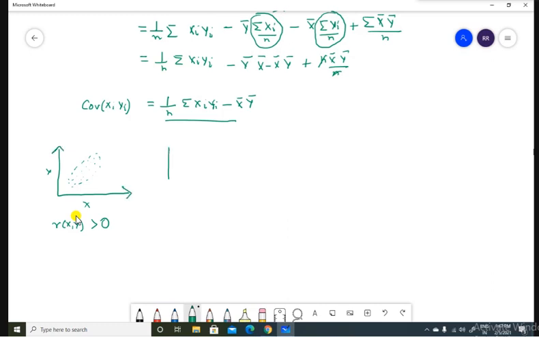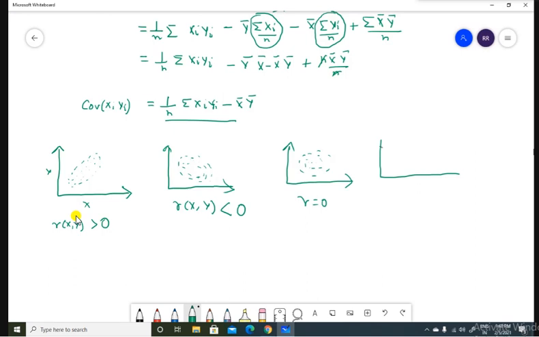If the points are like this, then r of x comma y is negatively correlated, and if the points are like this, there is no correlation.